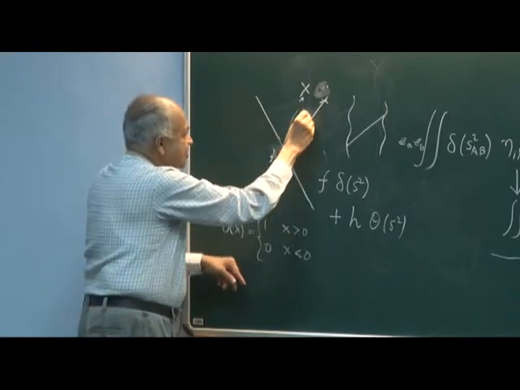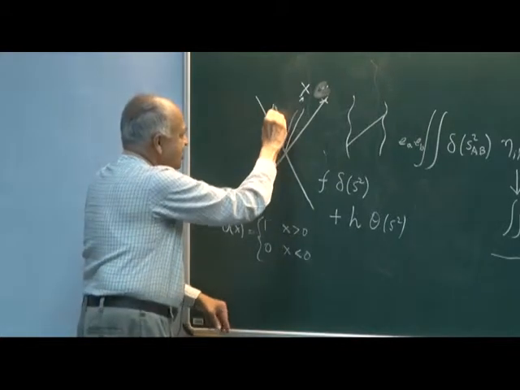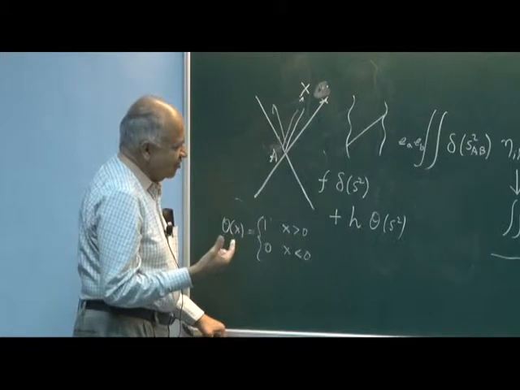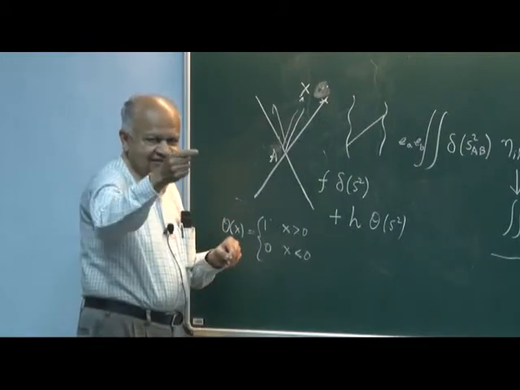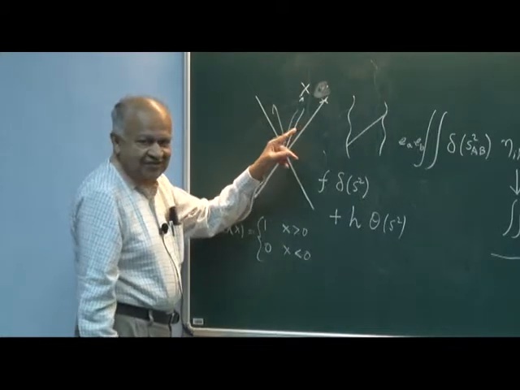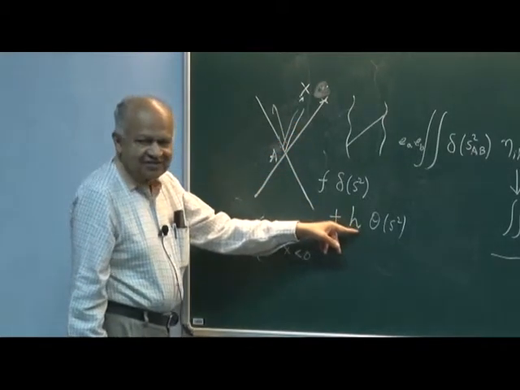So you have therefore two components of the interaction, action at a distance. One is going sharply along the speed of light, and the other is going at a slower speed.